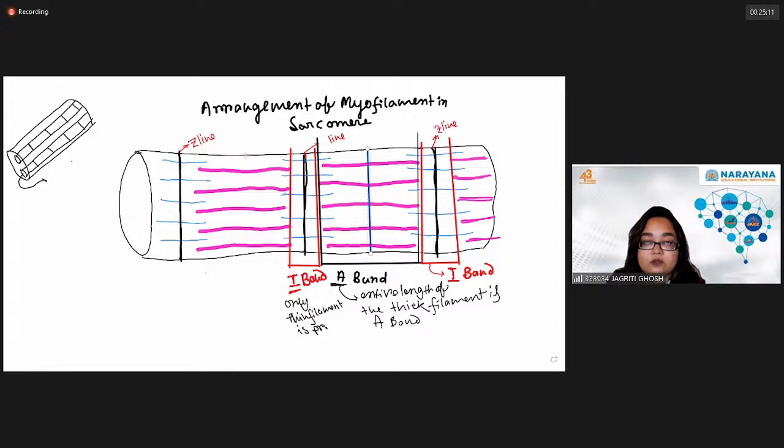Similarly, in the middle part of the myosin filament there is again a line. This line is called the M line. So the middle point of the actin filament is called the Z line, and the middle point of the myosin filament is called the M line.